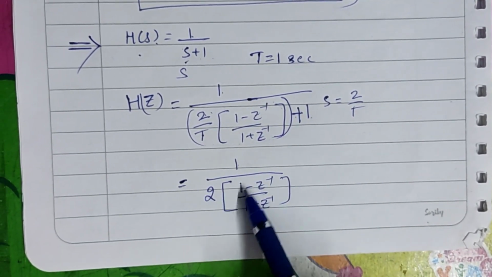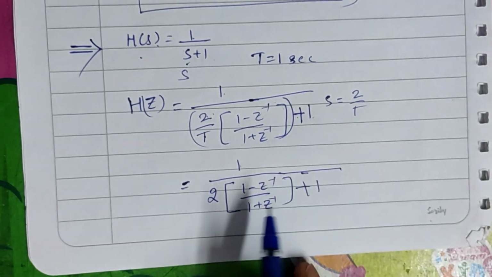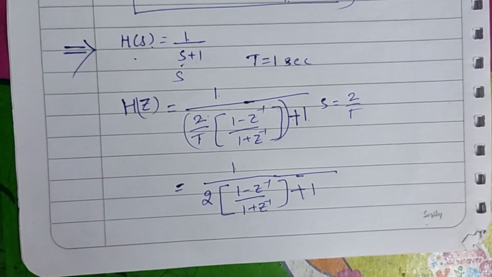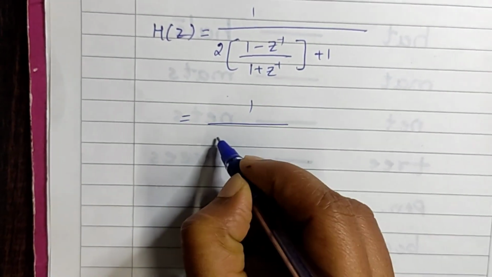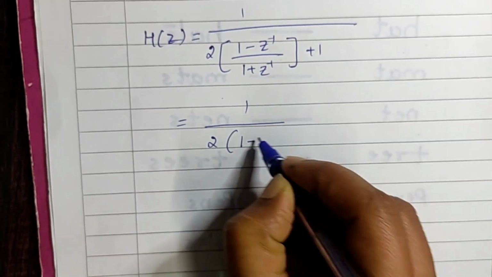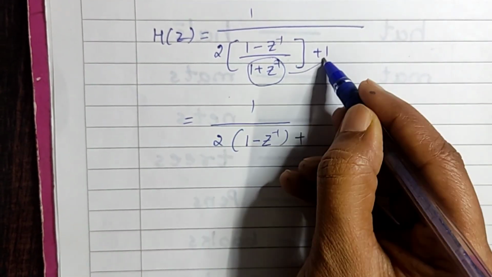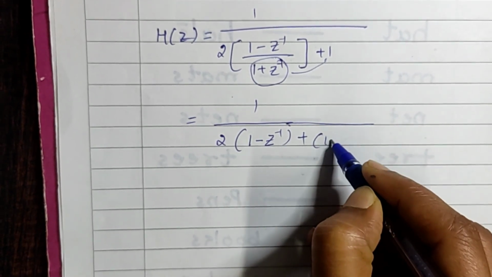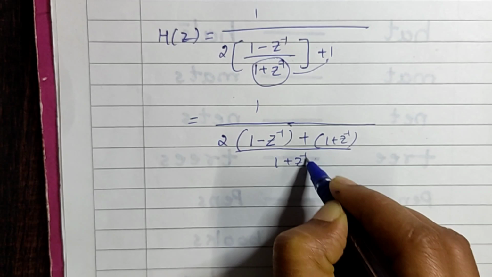Now what we have to do further is simply simplification. We simplify this, which is equal to 1 divided by 2 as it is, 1 minus Z raised to minus 1 plus, and we take the 1 and make the denominator the same, which is 1 plus Z raised to minus 1, whole divided by 1 plus Z raised to minus 1.